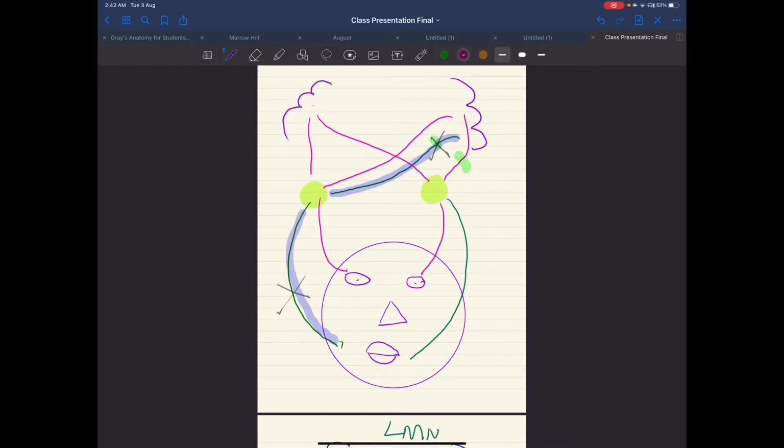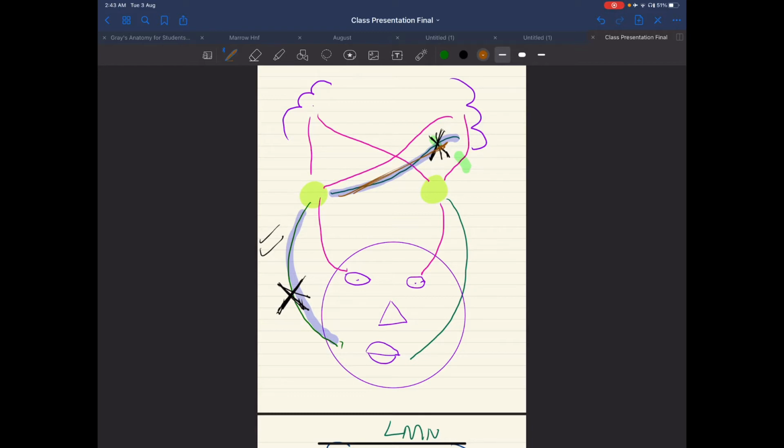That means if this is damaged, this is also damaged. Why? Because for the contralateral side, the lower part of the face, the only upper motor neuron supply it was having was this, and it is now lost.